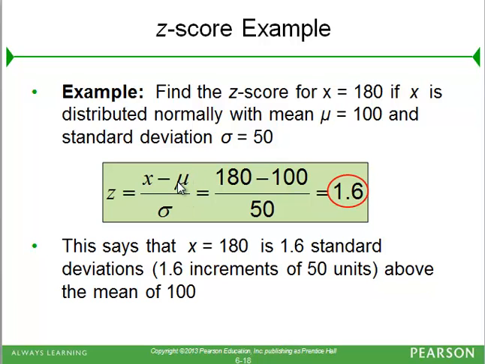So we can explain it: x equal to 180 is actually 1.6 standard deviations away from the mean of 100. It says x equal to 180 is 1.6 standard deviations above the mean of 100 because it's positive. If it's negative, it's going to be 1.6 standard deviations below the mean of 100.